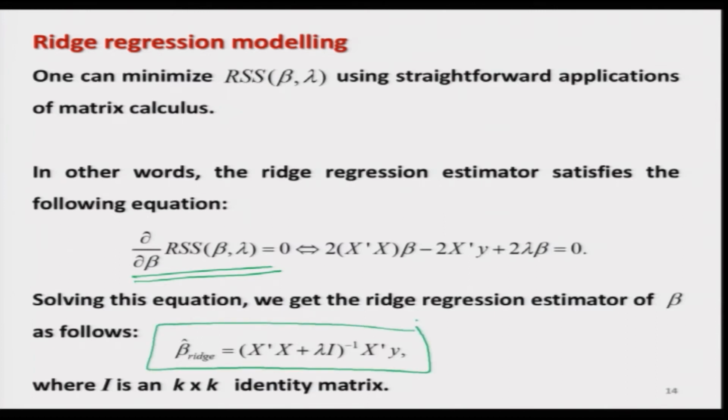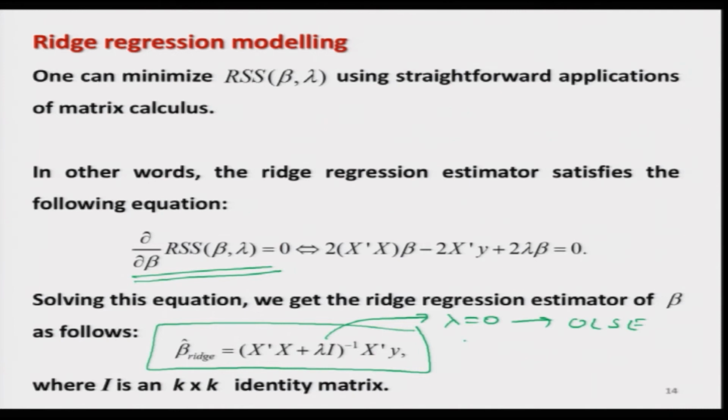If you look at the structure of this one, it is (x transpose x plus lambda times I) whole inverse into x transpose y. If you substitute lambda equal to 0, what do you get? You get the same as the ordinary least squares estimator. Now you can understand this very easily.